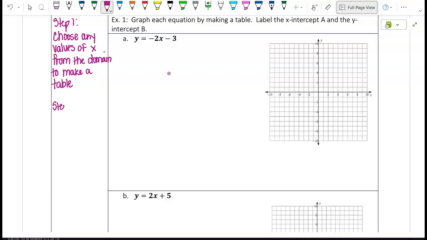Step 2, substitute each x value into the equation to find the corresponding y value.